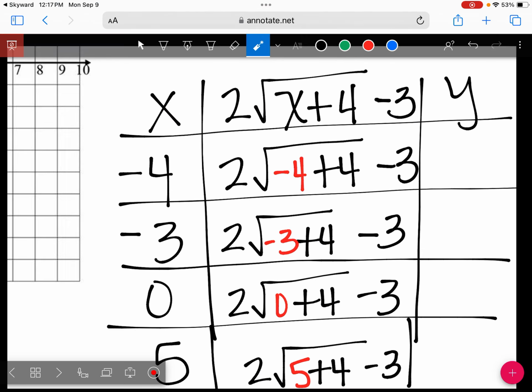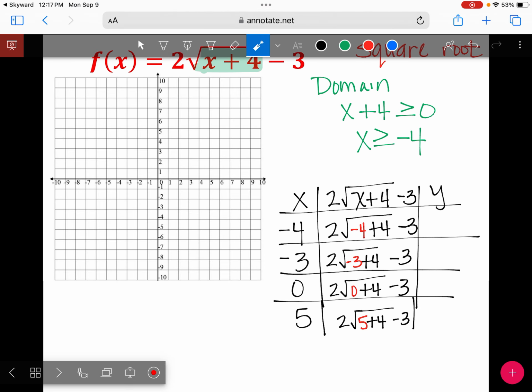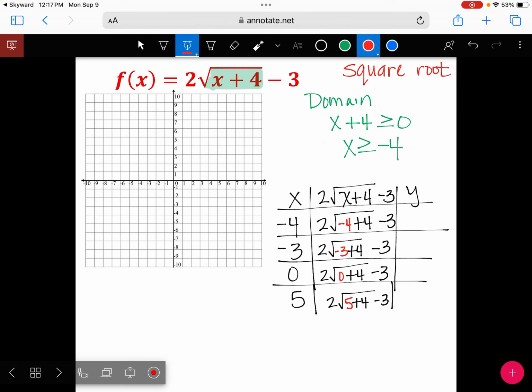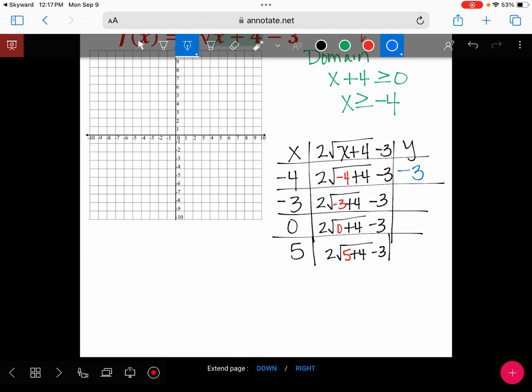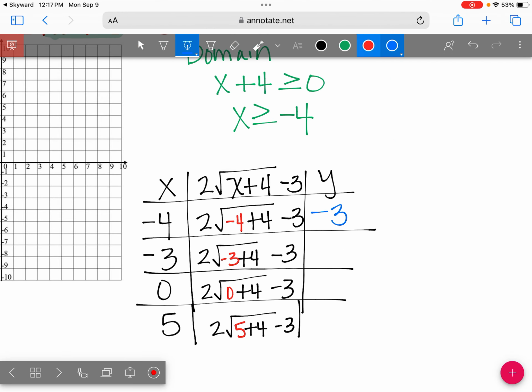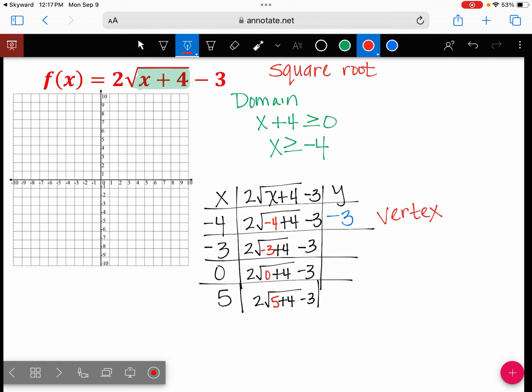Now we already should know that our first one is going to be -3 because that's our vertex. So this is our first point. Because in this one, we actually start with the vertex. And if you don't know, I like to think of a square root as an eyebrow. It just goes one direction. You know, in geometry where it's called a ray, you have a start and no end. That's what a square root looks like.